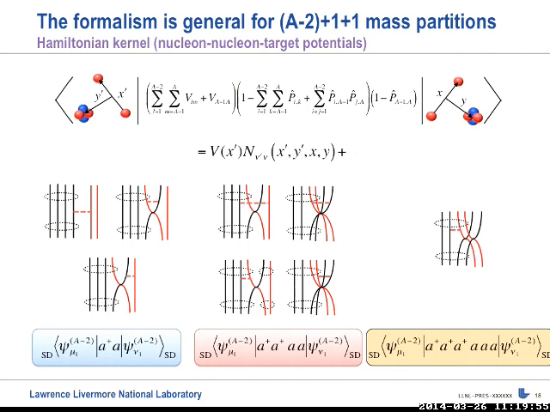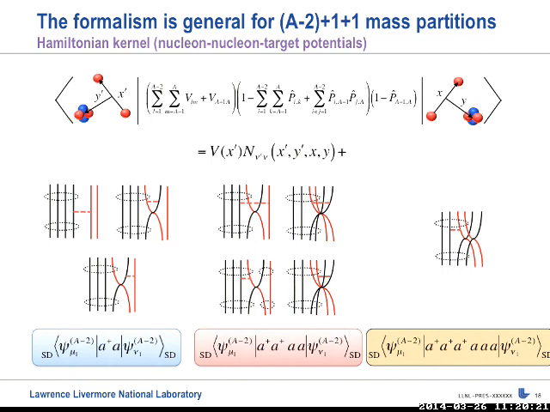In this case we will need also 3-body densities of the target. There is an extra term here that I have not described with diagrams, which comes from the interaction between the two neutrons when, excuse me, acting on the direct part of the norm kernel. So yes, basically just this component.